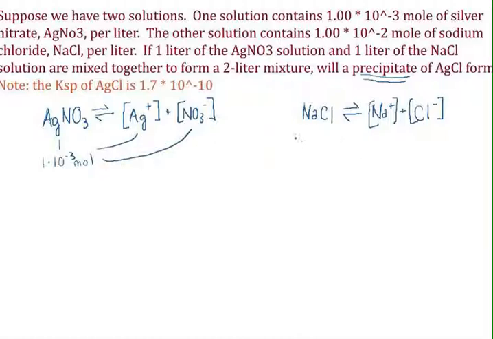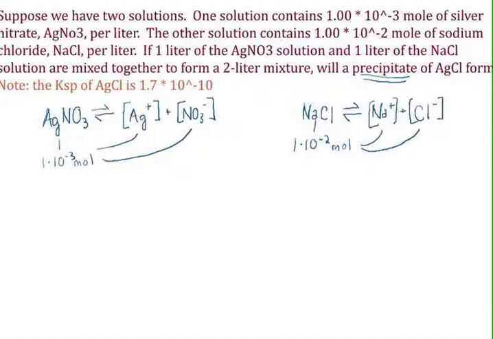They told us we had 1 times 10 to the negative 2 mole of sodium chloride, which again means there's that much concentration of sodium ions and that level of concentration of chloride ions, right? So that means we already know all of those concentrations.